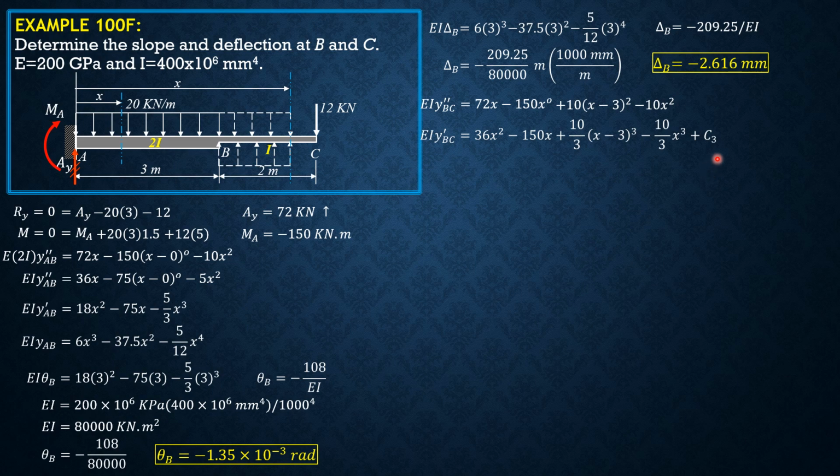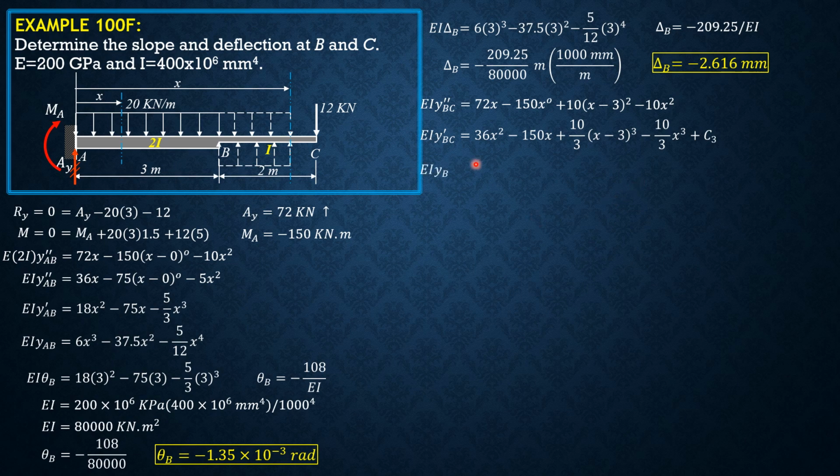I will not use c sub 1 because c sub 1 is for the origin. But if we have a point that is not the origin, then we have another constant of integration, c sub 3. So for the origin, c sub 1 and c sub 2. For any other point, c sub 3, c sub 4, c sub 5, c sub 6, and so forth.